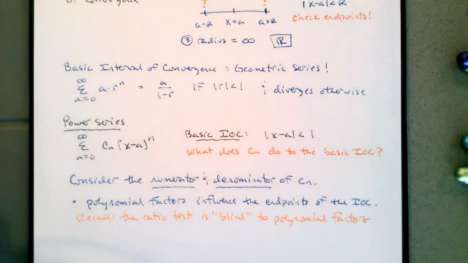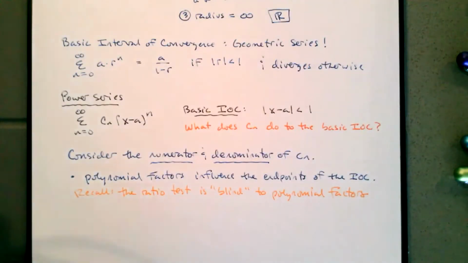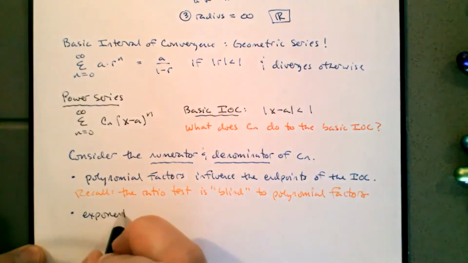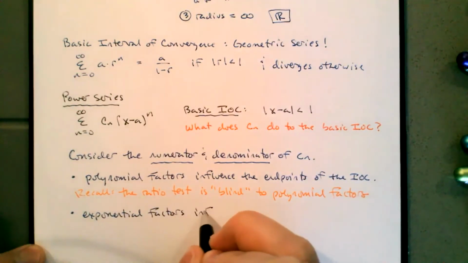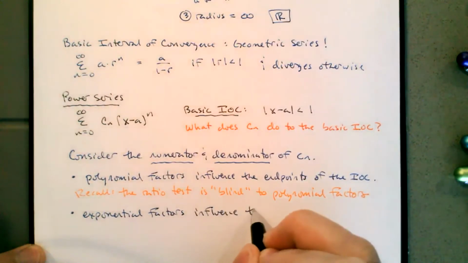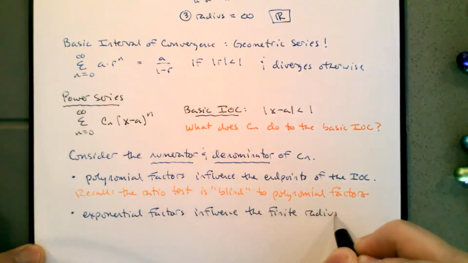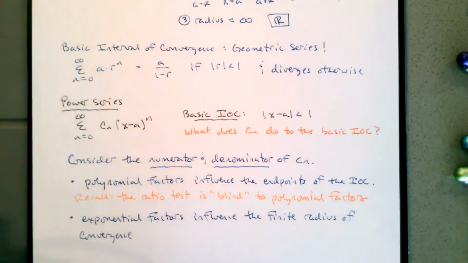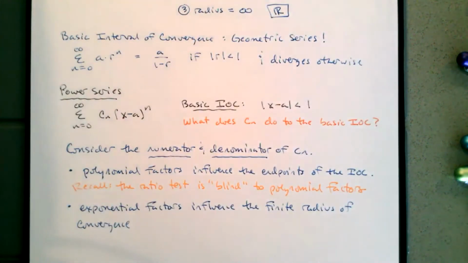Exponential factors will influence the finite radius of convergence. So polynomials first, then exponential factors will influence the finite radius of convergence.